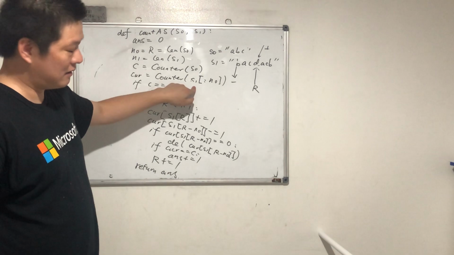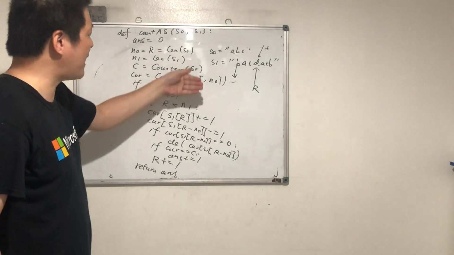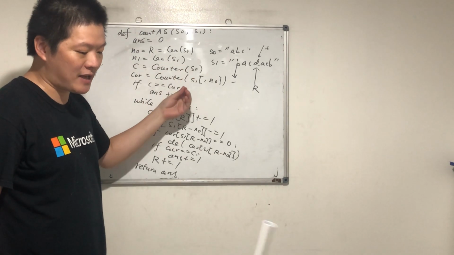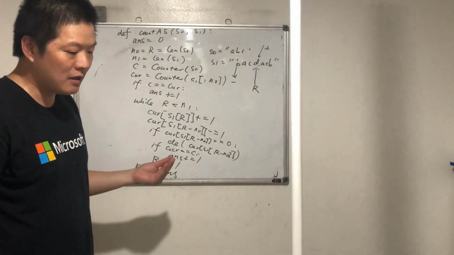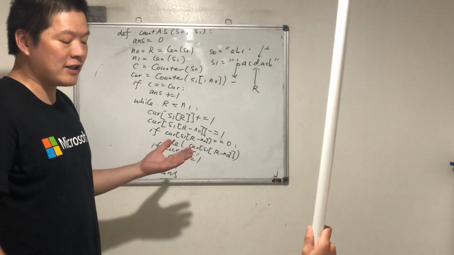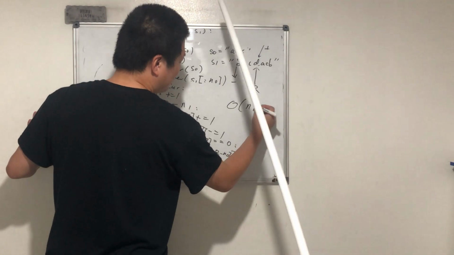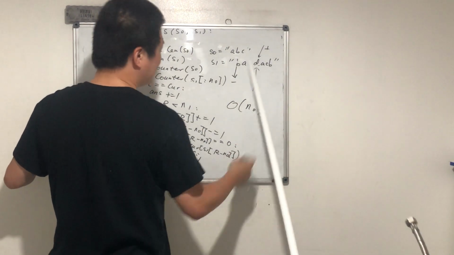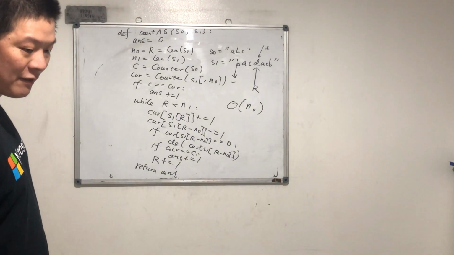S1. Look, this is the same size. Because all the time we just need the space for 2 counters to store the number of anagrams. So it's O of N0 times 2. N0 plus N0, O of N0 times 2, okay? Got it? Does it make sense, Eric?